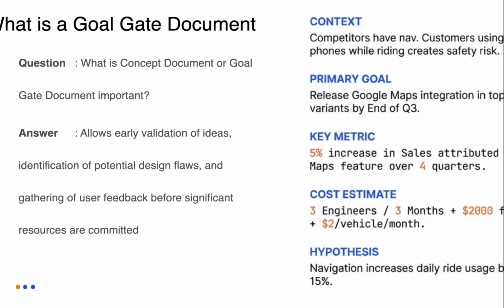Because in an organization, you are not the only person, right, who is going to take this decision. There are multiple people who are going to be with you in these decisions, and they need to know and understand where you are investing this money, right, and what is the gain.